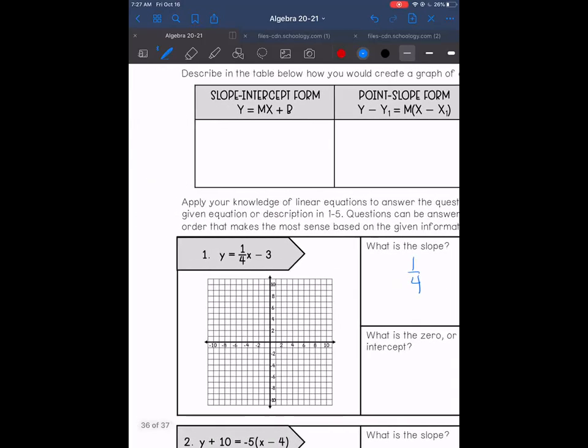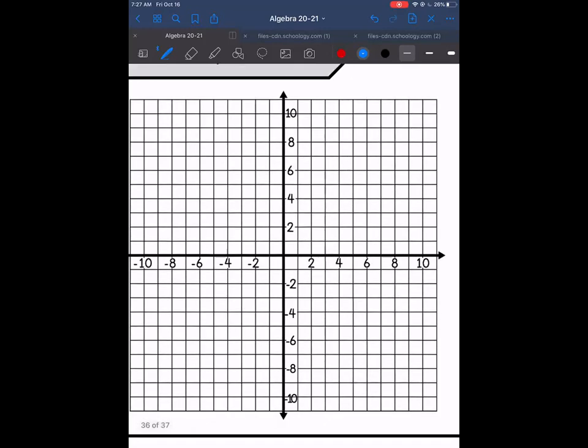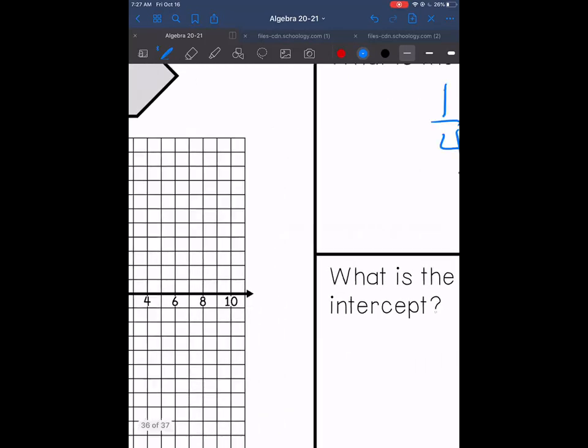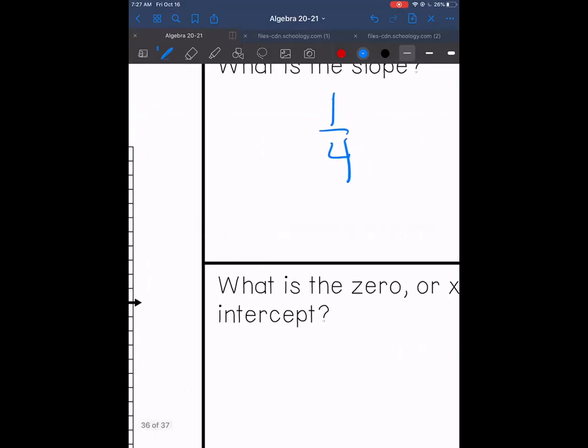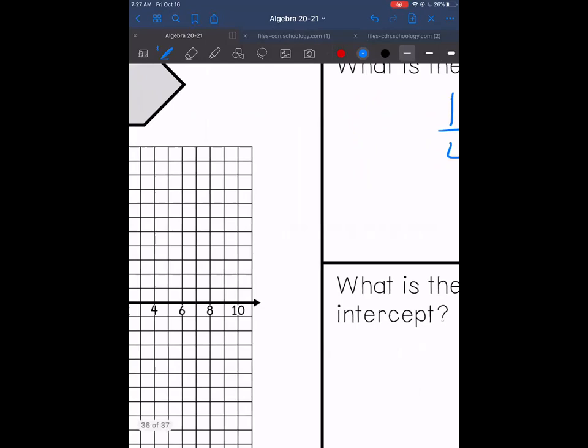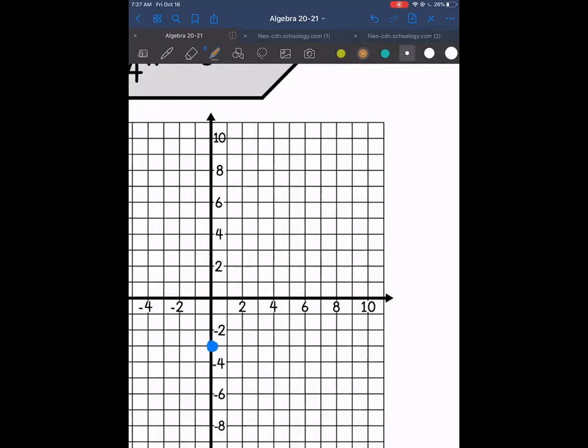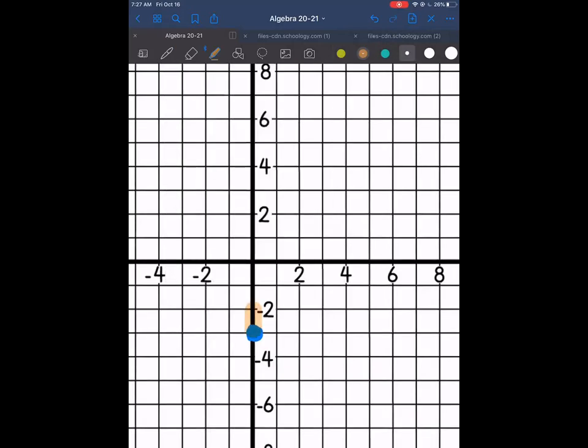So with my y-intercept being -3, I'm going to plot my point at 0, -3. For a y-intercept, my x value is 0. Now I'm going to use my slope of 1/4, my rise over run, so it goes up 1 over 4. Go up 1, then 1, 2, 3, 4.